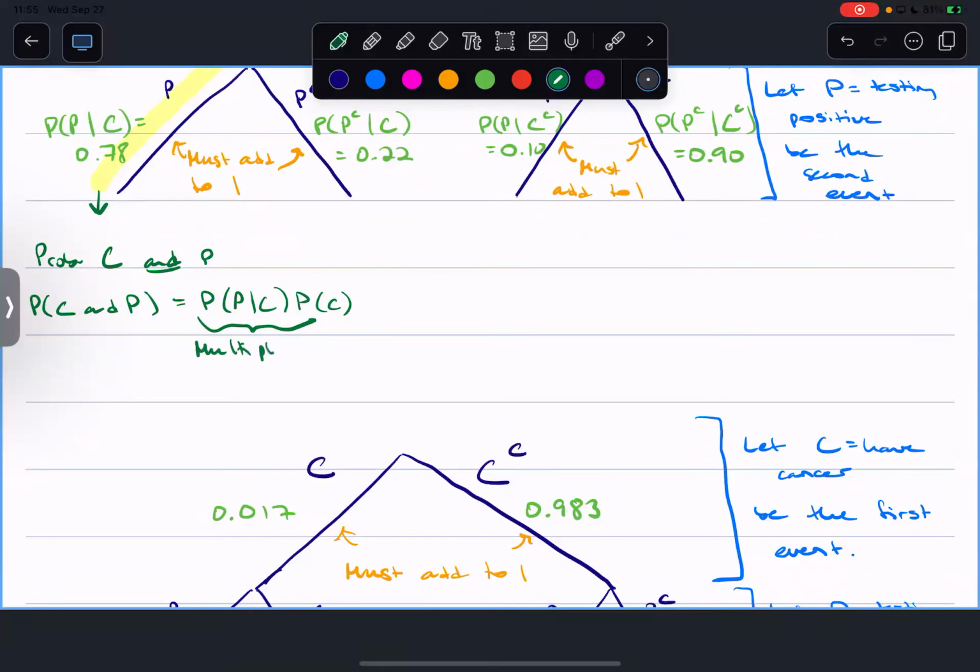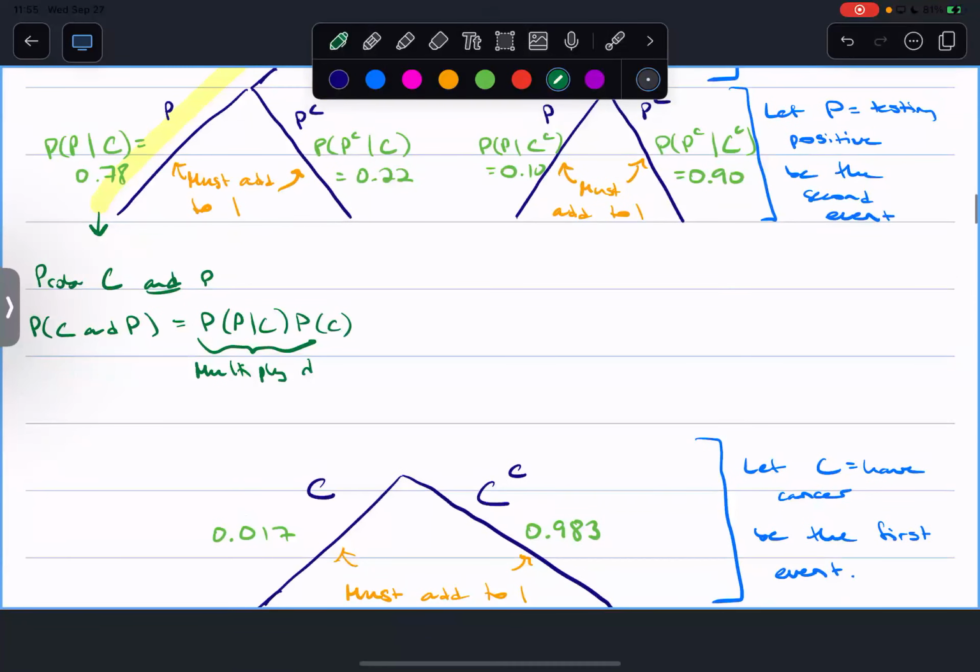Some rearranging, but I think you can convince yourself that that's true. Multiply down the branch.